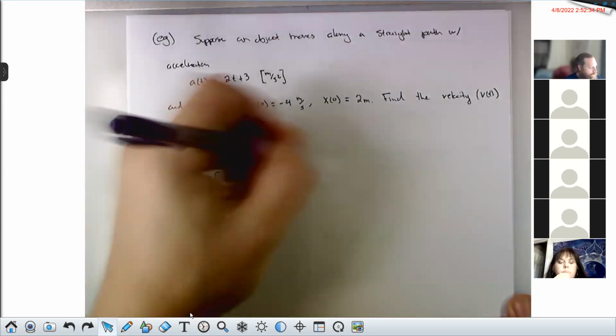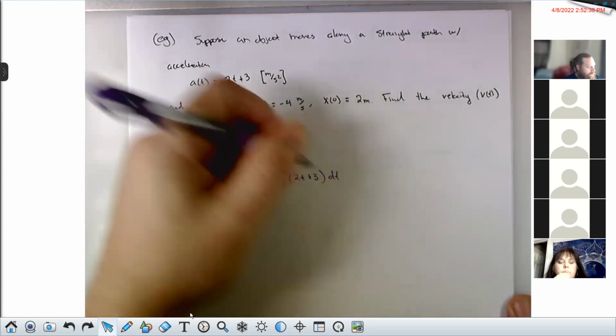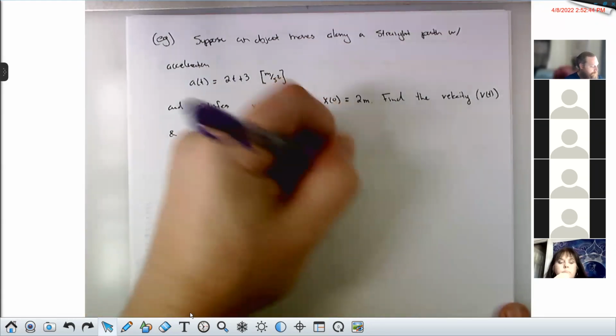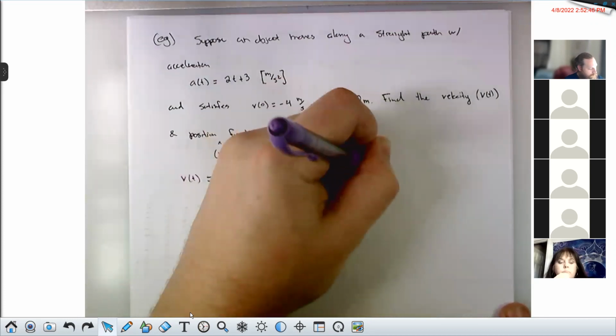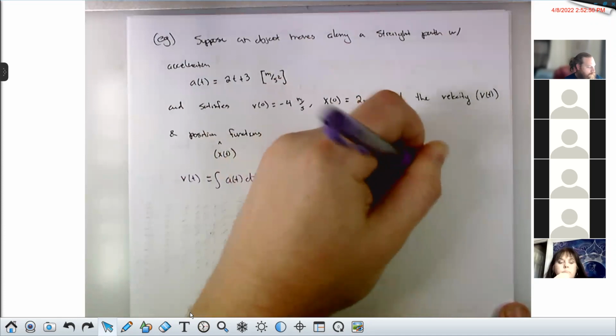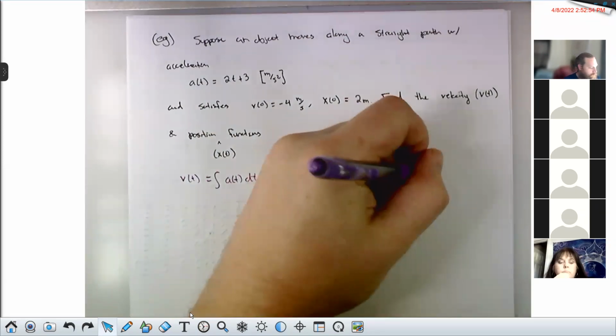So my velocity function is the antiderivative or integral of the acceleration function. The acceleration function is 2t plus 3. I'm going to leave off the units in the calculation here so we don't clutter it. Again, just straight up power rule antiderivative stuff here.